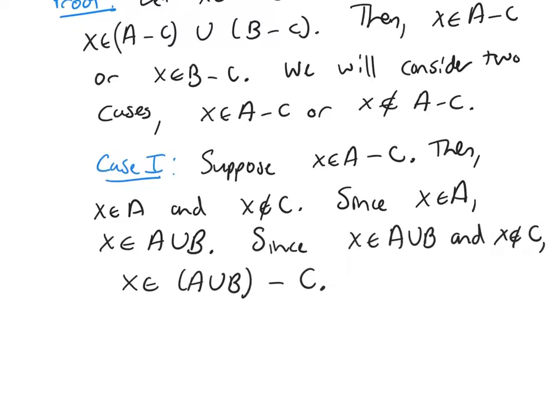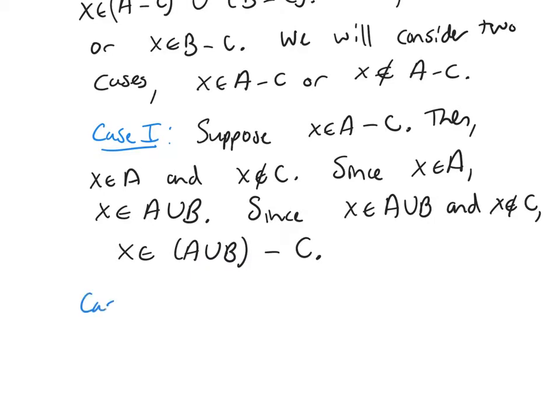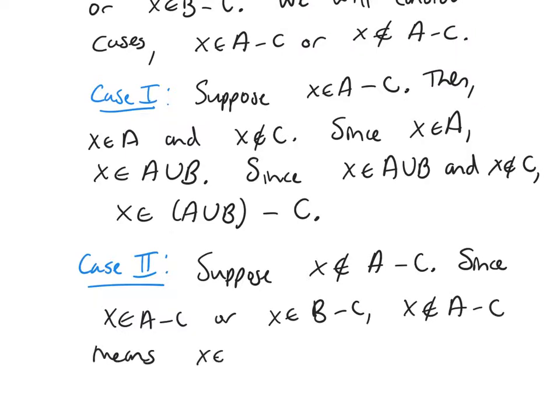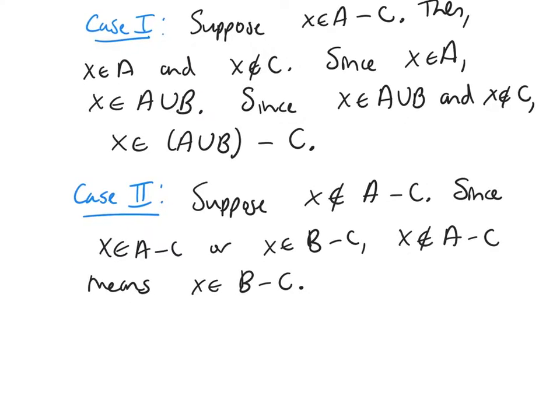So now look at your outline for case 2. For case 2, we said the start was suppose X is not in A minus C. Since we knew that X was in A minus C, or X is in B minus C, the fact that it's not in A minus C means that it had to have been in B minus C. Then what does it mean to be in B minus C?